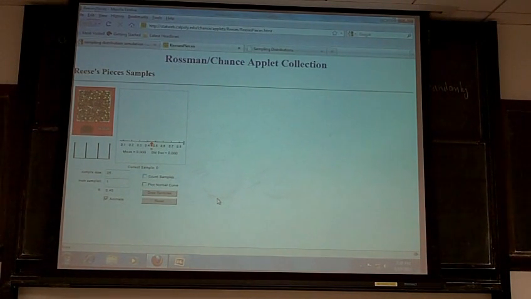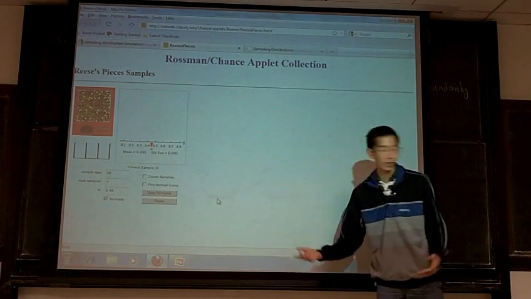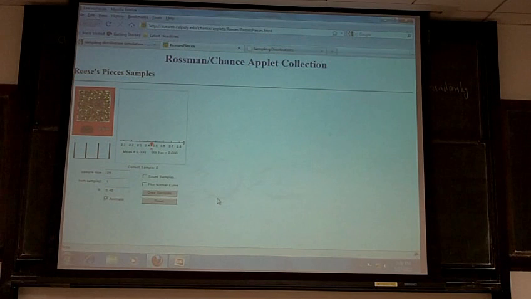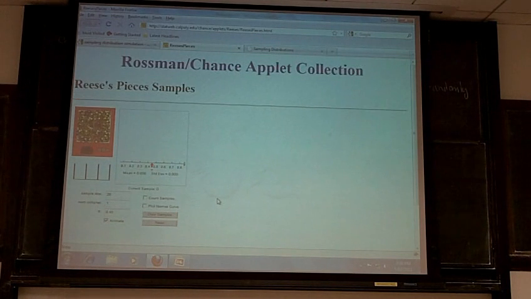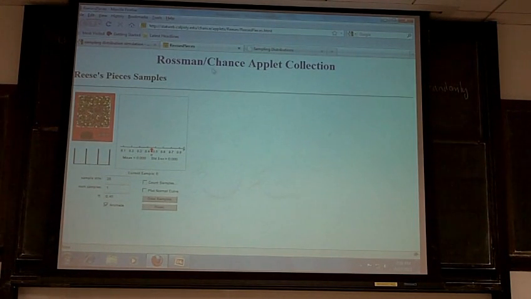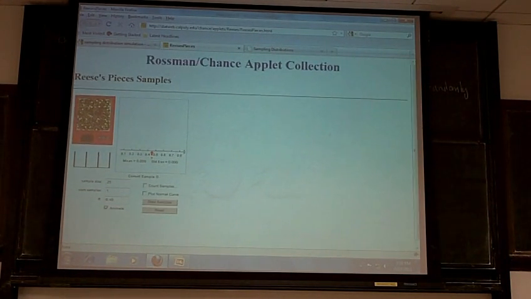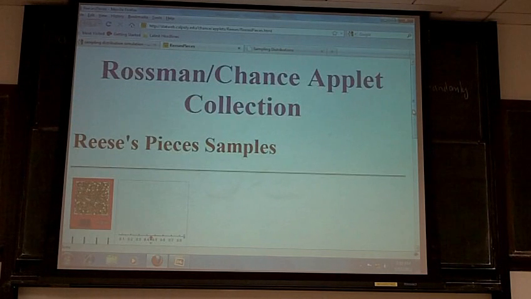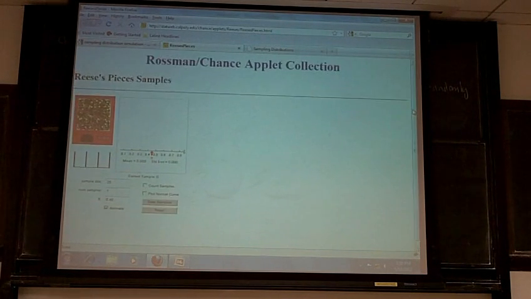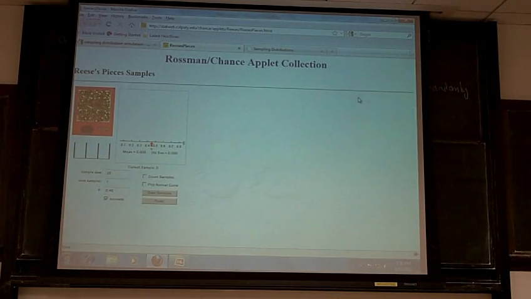Okay, so here, I don't know if I can make this any bigger. Is there a way to zoom? Control plus. Yeah, it's only changing the font size there. It's not changing this size though. I don't think so. Let me see.